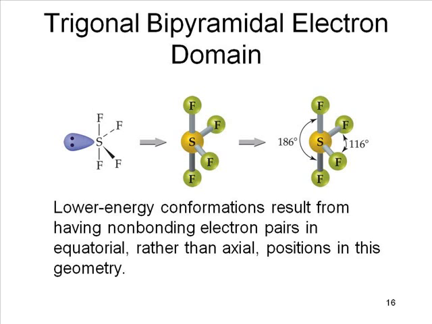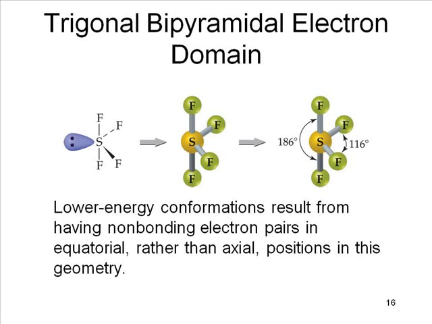The lone pair around the equator is 120 degrees away from 2 of the tentacles and 90-degree angles away from 2. Let's say you were to keep that there and move one of the axial ones, the top F, and put it over there on the side.